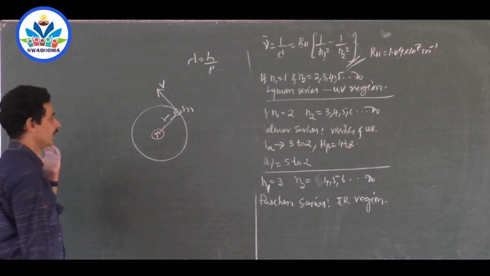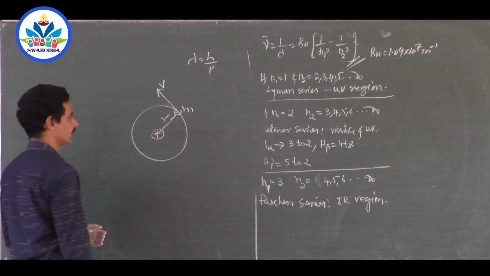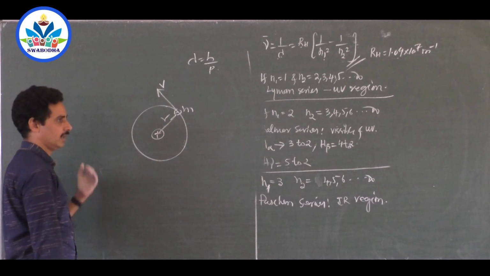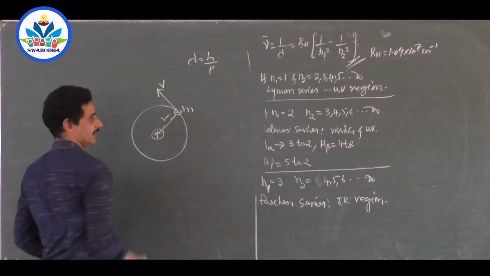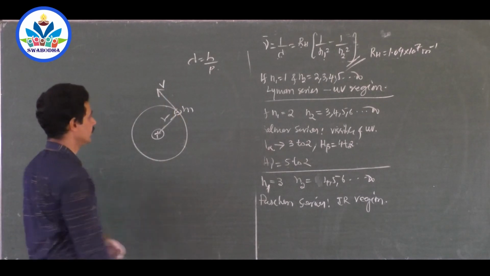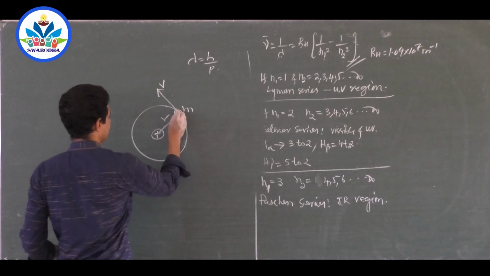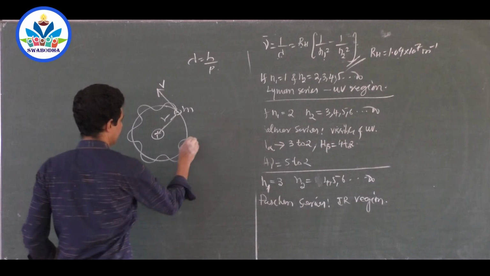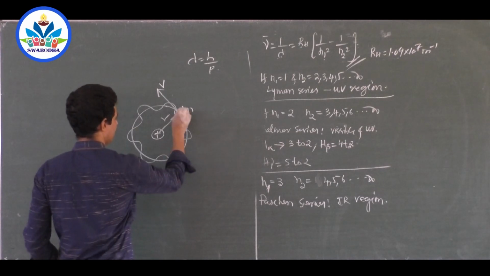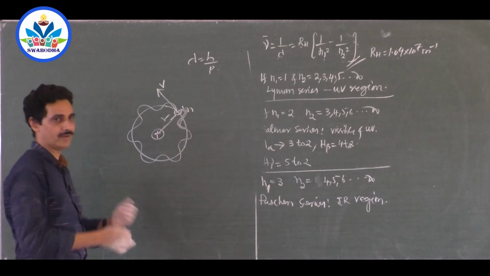Now, he says like this: suppose an electron moves around the nucleus in the circular orbit, then if you calculate that de Broglie wavelength and write a waveform like this, de Broglie says that by the time you come here, the exact wavelength should complete. You can't have half.